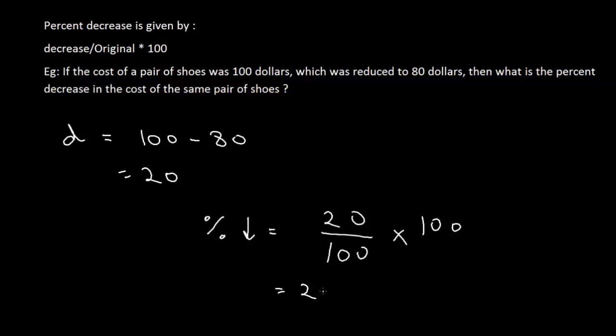This is equal to 20%. So the percent decrease in the pair of shoes was equal to 20%. Now as we solve more problems on percent decrease and percent increase, the formula and the concept will get clearer. So I hope the formula is clear to you now.